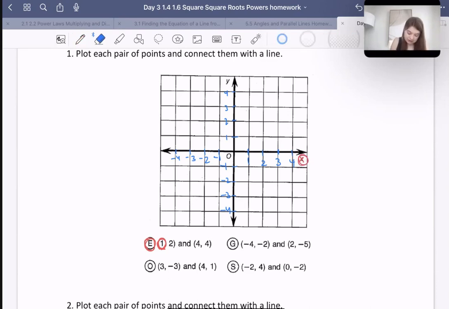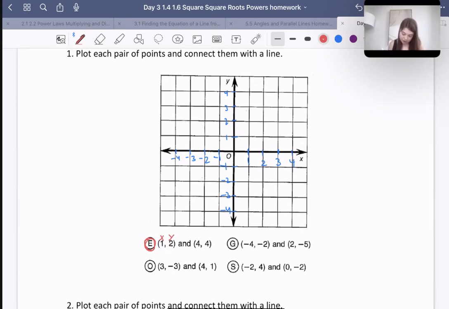The horizontal one is the x-axis, the one that goes left to right. And then the one that goes up and down, the vertical axis, that's the y-axis. You see a little y up here indicating that. And so the first number indicates that x is equal to 1, and the second number indicates y, so y is equal to 2.